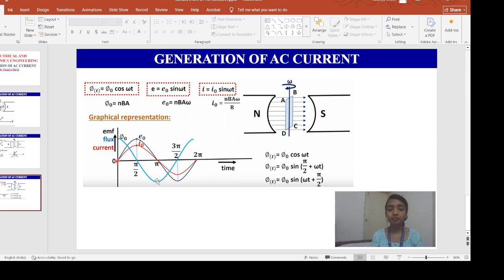Similarly, when I'm getting the negative peak of this flux, at that time both EMF and current are 0, and when I'm getting 0 for this flux, at that time I'm getting the negative peak of my current and this EMF. So this is how we can plot the EMF, flux and current relation over time.